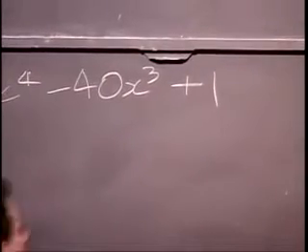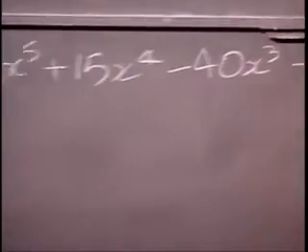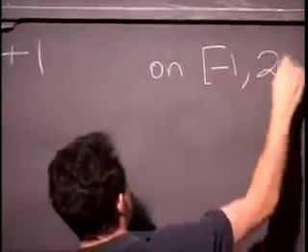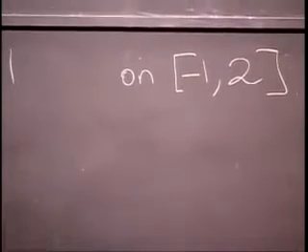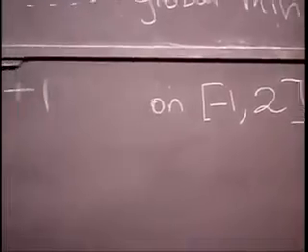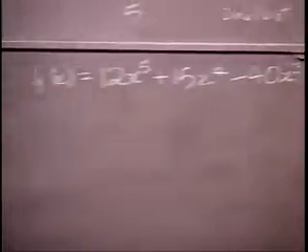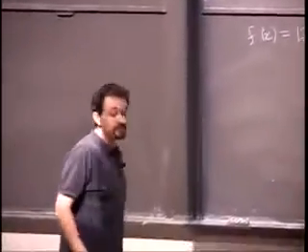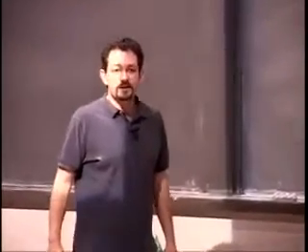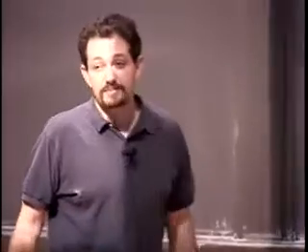And even though this could easily be defined everywhere, I'm going to define this on the domain minus 1 up to 2. And I want to know where are the global maxima and minima of this with respect to its domain, [minus 1, 2].